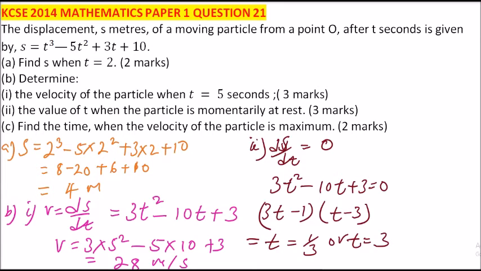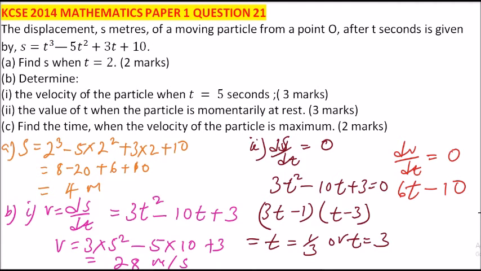And finally, we are told to find the time when the velocity of the particle is maximum. So at maximum, it means dv over dt is equal to 0, and therefore this is acceleration. When you differentiate velocity, you should get 60 minus 10, that is, you differentiate, this will give you 2 times 3 is 6, and t minus 10.